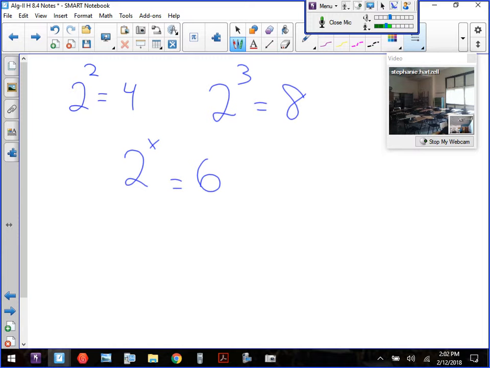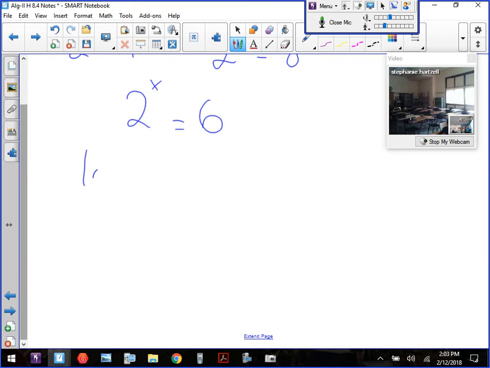Logarithms allow you to work with exponents, bases and exponents. And what we get here are a couple of different formats. What we're going to talk about today is what's called logarithmic form and exponential form.